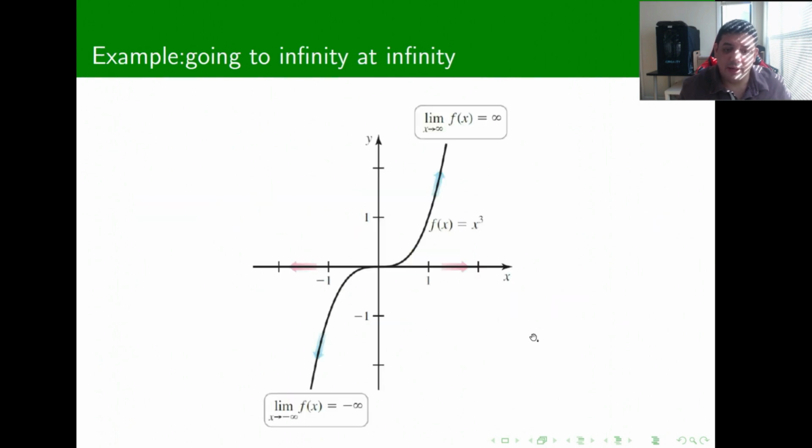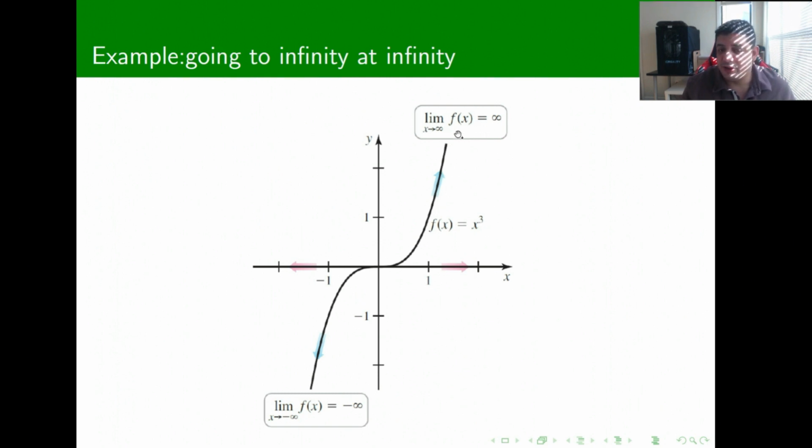Okay, so just to take a look at an example of that, consider the function f of x equals x cubed. Notice there's nothing hampering the growth of this function. When x is large, then x cubed is going to become large. There's nothing that is saying this is going to be reducing. So if x grows, x cubed is going to grow.